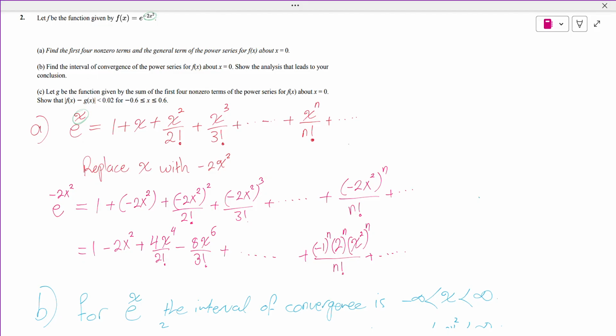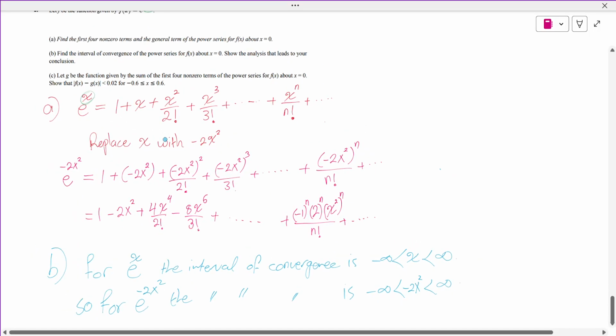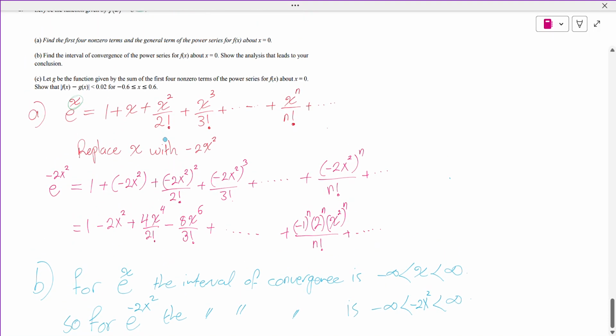Show that the difference between f minus g, which is the error, is less than 0.02 for x greater than or equal to negative 0.6 and less than or equal to 0.6. Okay, so it didn't say for a specific x value, it gave us an interval, right? But it makes no difference, it's the same.